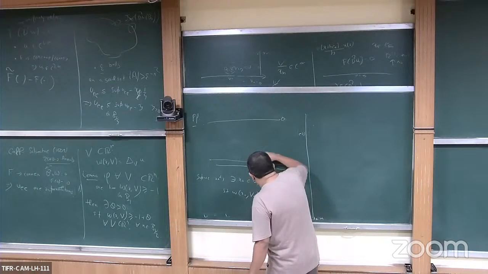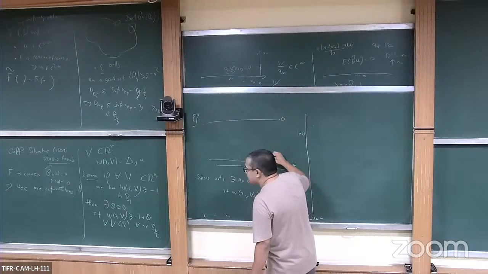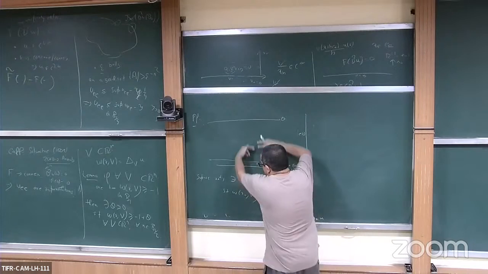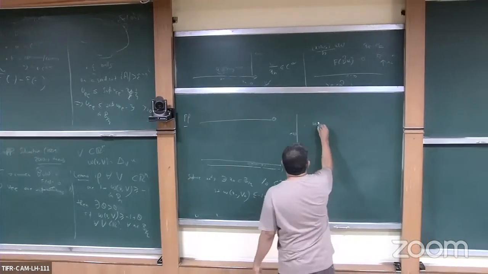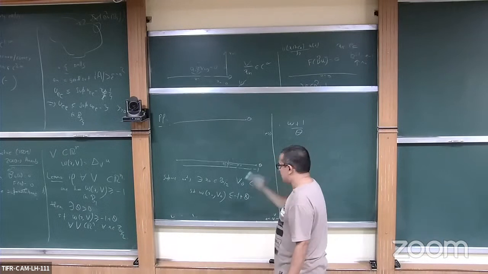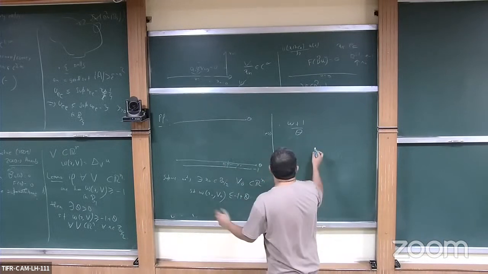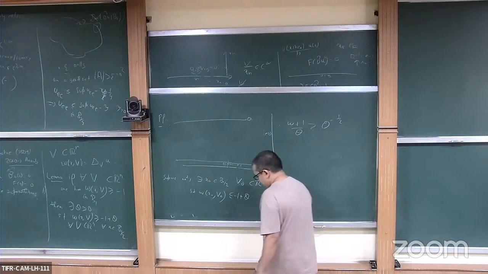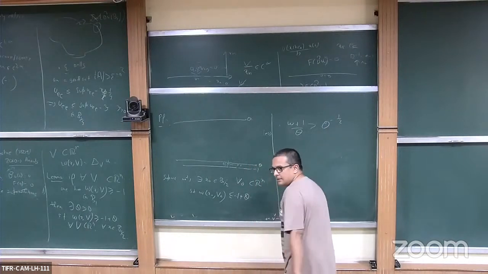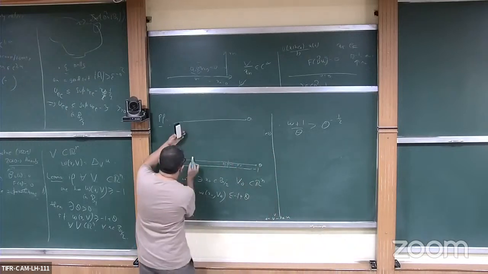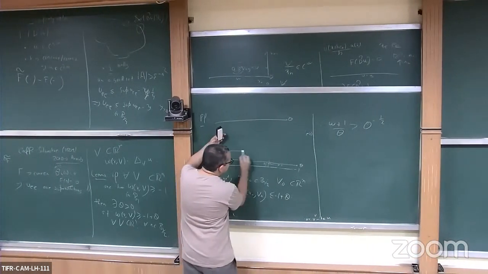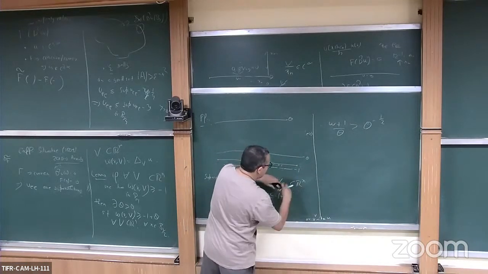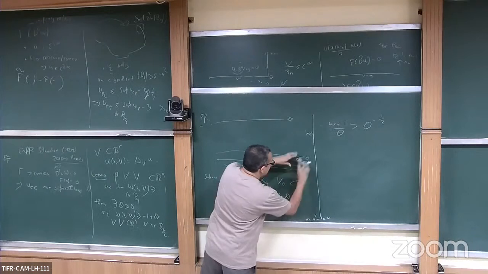But then the region, if I have a distance which is like theta to the half, if I zoom in by theta, then this distance is much larger, which is to say that if I take W plus 1 by theta, this is the value over here, and then I look at the set where this is bigger than theta to the -half. Right? Which is to say that I want to look at the region where W can cross theta by 2. So I should write it better. This is -1 plus theta. This is -1 plus.